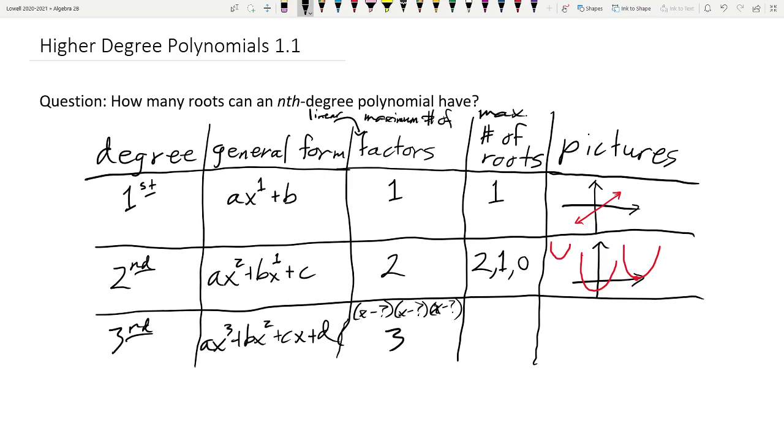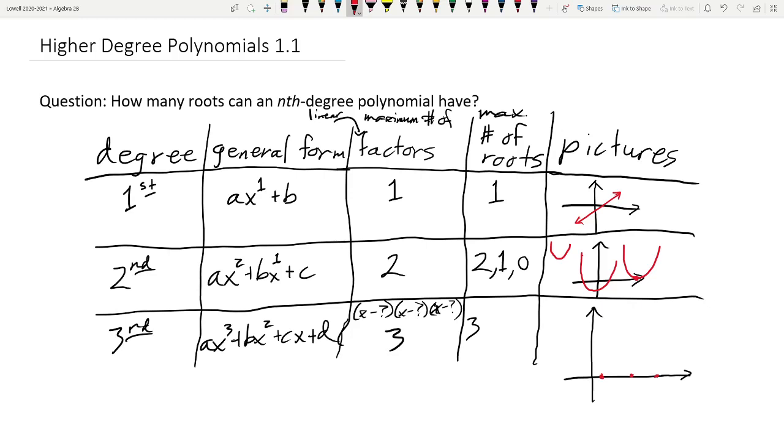That would mean that there are at most 3 roots, and let's draw a graph of that then. I'm going to try to make this one a little bit bigger. So, if there are 3 roots, let's pretend the roots are right here: 1, 2, 3.